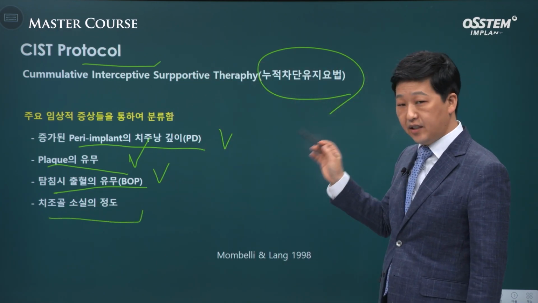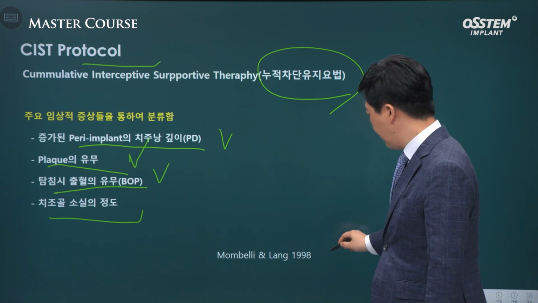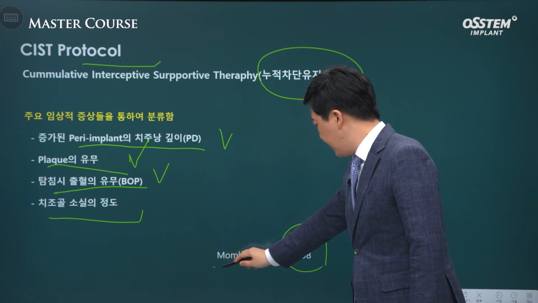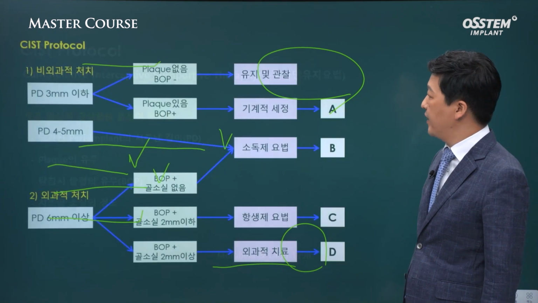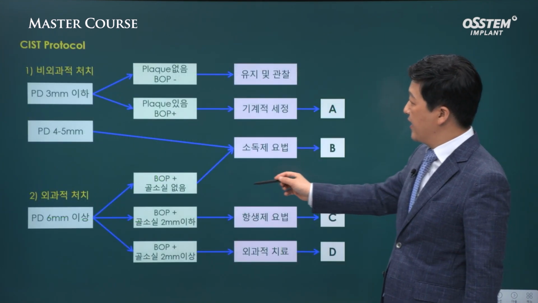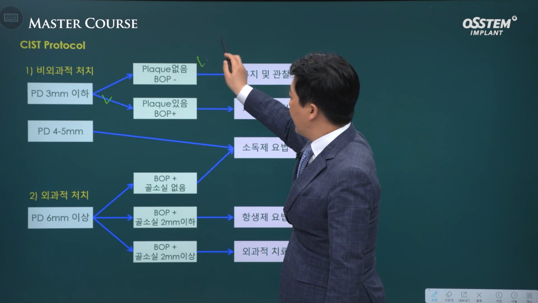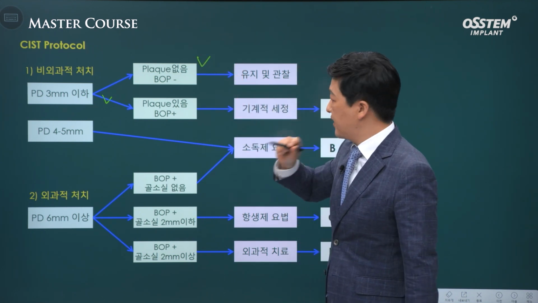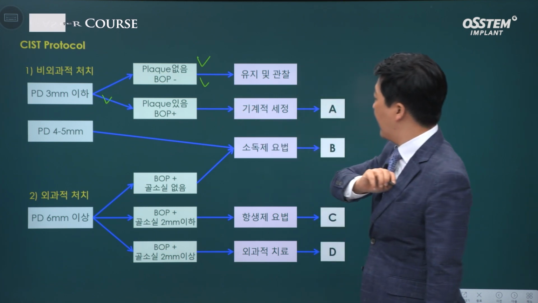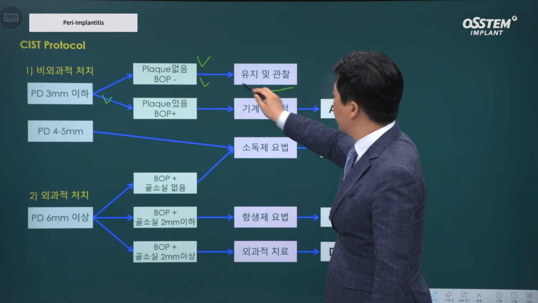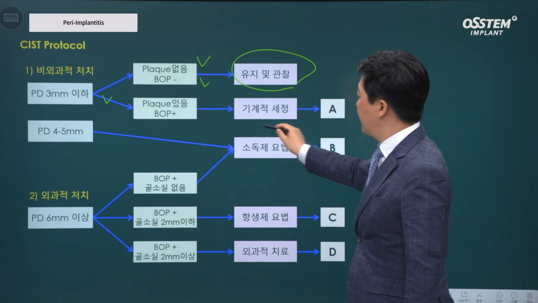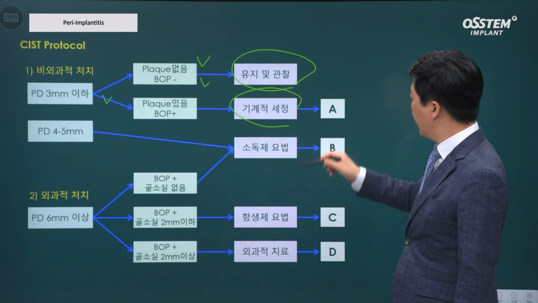Depending on the set of symptoms, the treatment approach that we take differs. This is a classification suggested by Mombelli and Lang. This is the overview. If the probing depth is under 3 mm and there are signs of plaque and signs of bleeding upon probing, we need to determine whether we're going to observe or whether mechanical debridement is necessary.